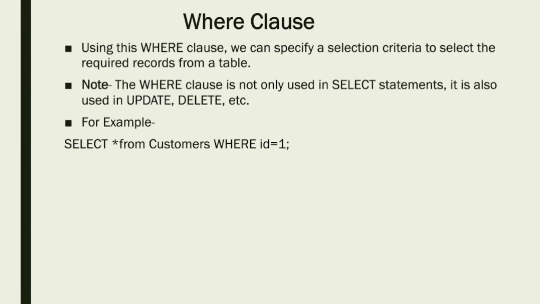Where clause. Using the where clause, we can specify selection criteria to select the required records from a table. The where clause is not only used in select statements, it is also used in update and delete, etc. For example, select asterisk from customers where id is equal to 1. So it will retrieve all the data of id number 1. Let's see how we can do it.